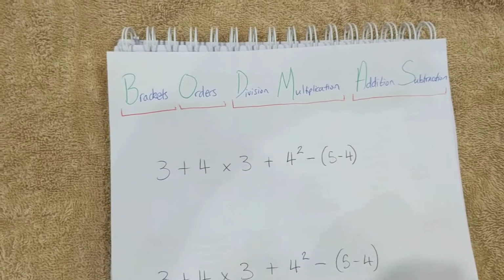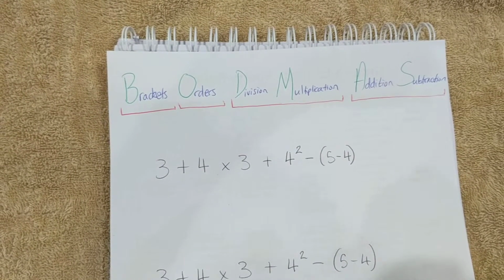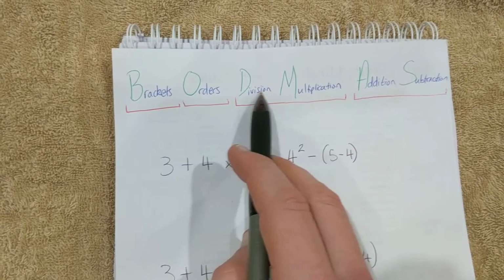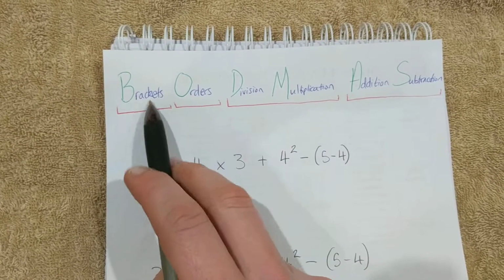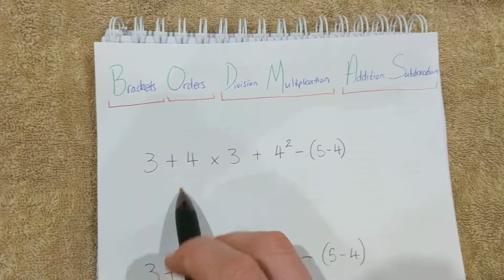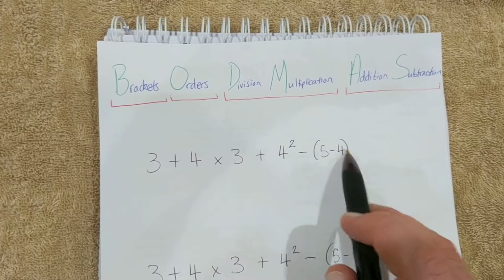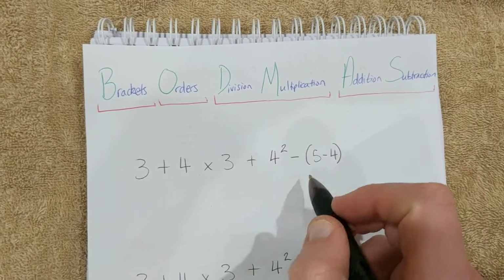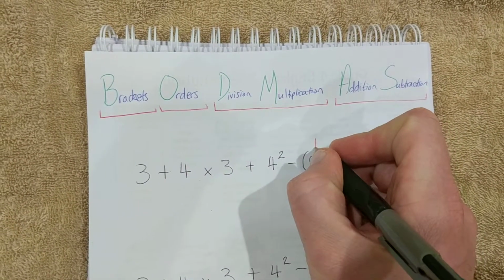So to tackle these problems, you just need to make sure you're looking for, first of all, brackets and orders, etc. So the first thing that this acronym's telling me to do is to look for any brackets and solve those first. So I can see here that I do have some brackets in there and I need to solve that one first. So 5 minus 4 is 1.